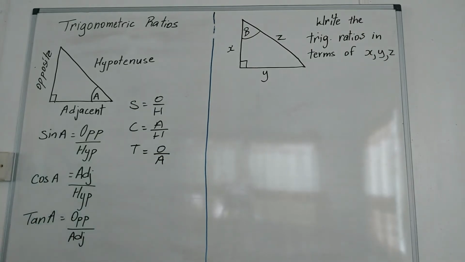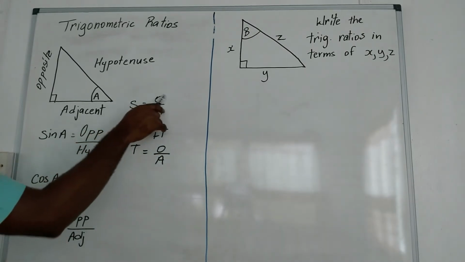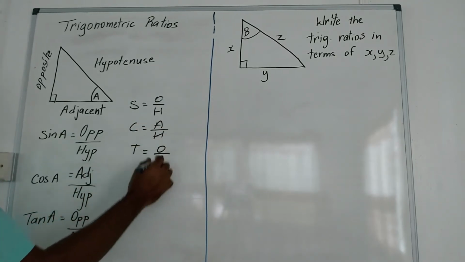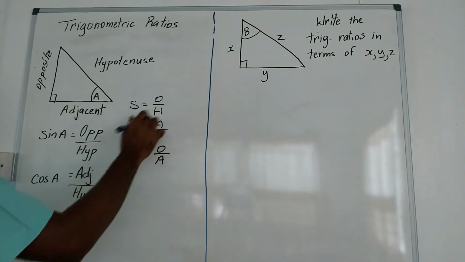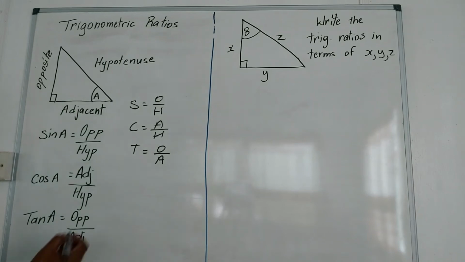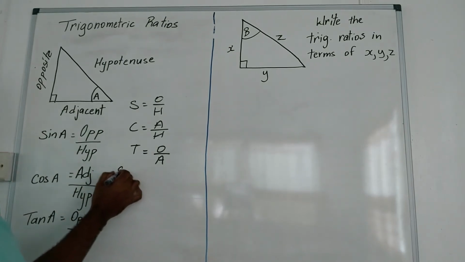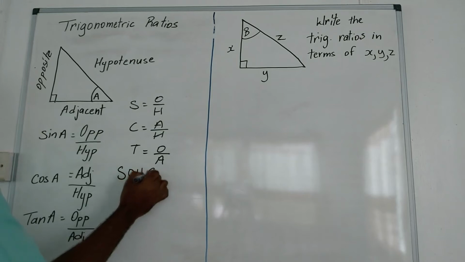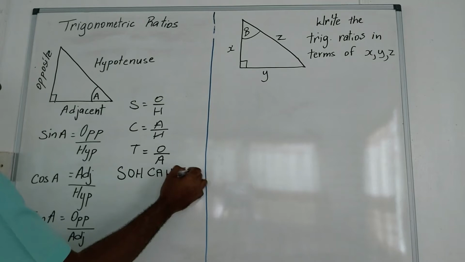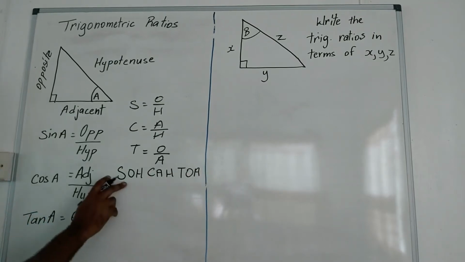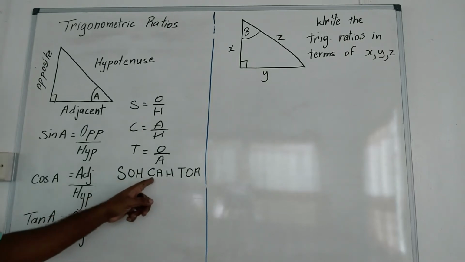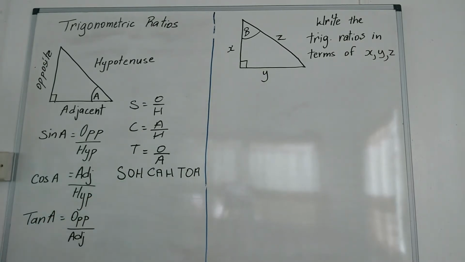Some persons would say, to remember it, some old horses can always hear their owner's approach. Or some persons write it as a word. I hope we can pronounce this word. And what they say is sokatoa.